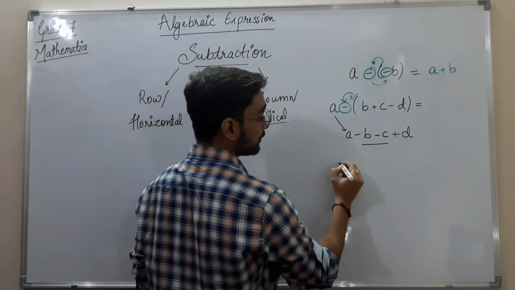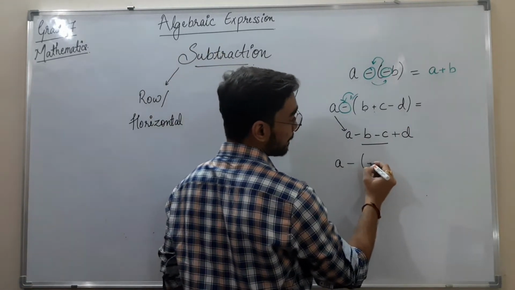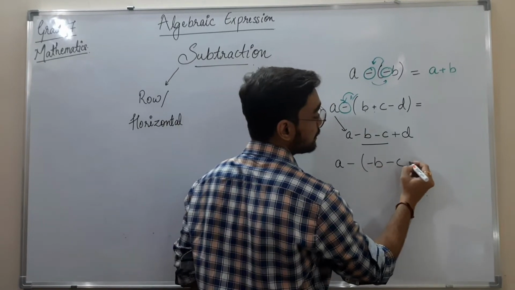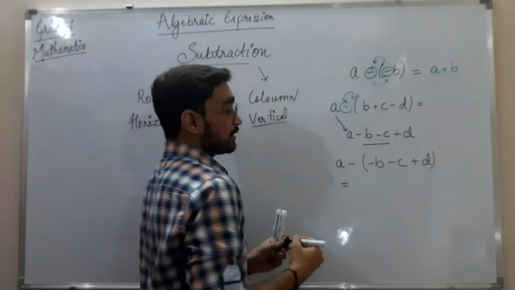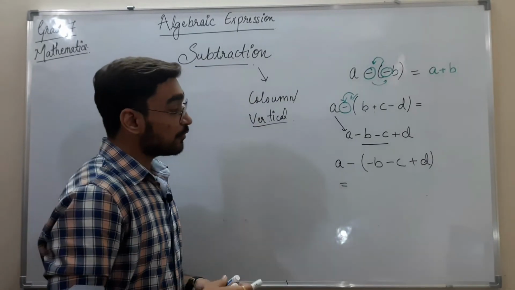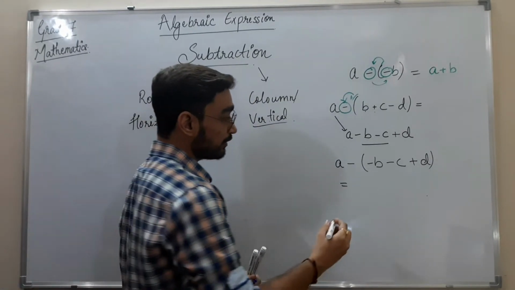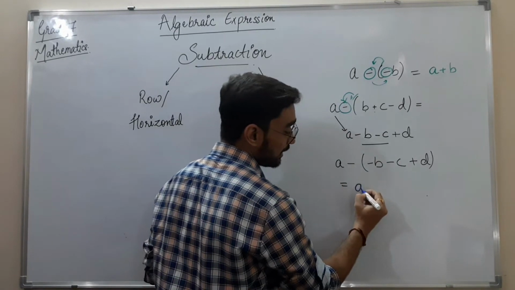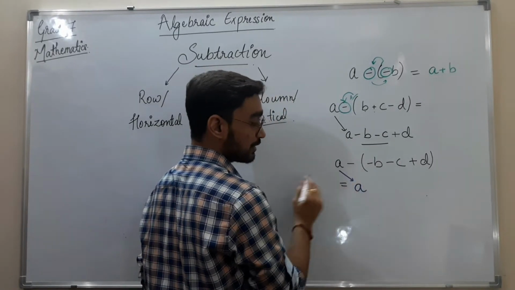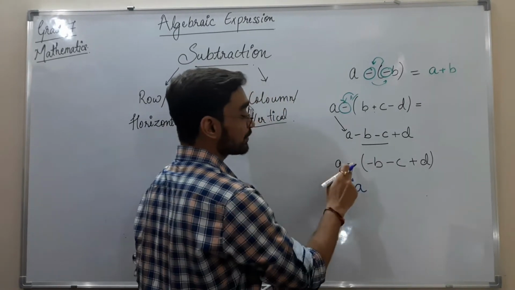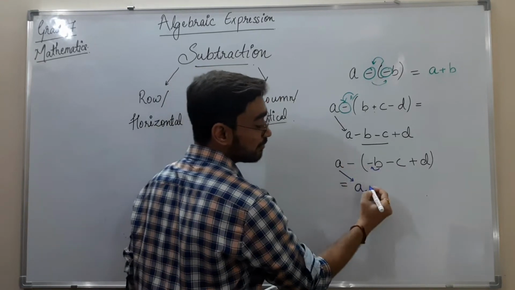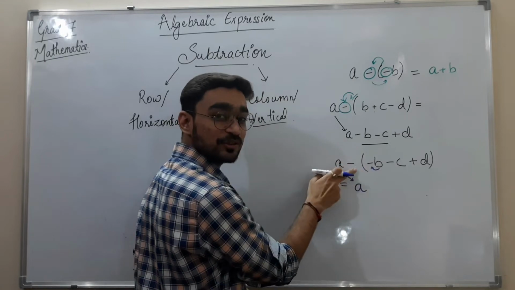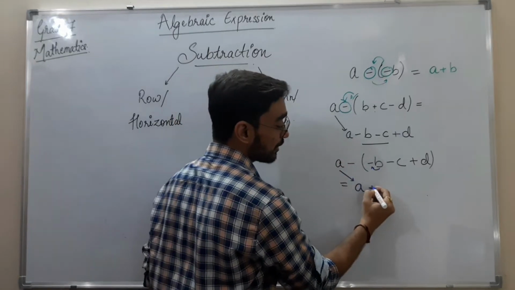See one more example, a minus b minus c plus d. The symbol of minus is there before the bracket, so what will happen? It will become a. This will come as it is, no change will be there. Then this b is actually negative here, so because of the presence of this negative, it will become plus.